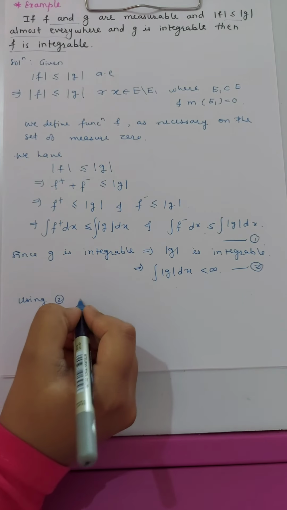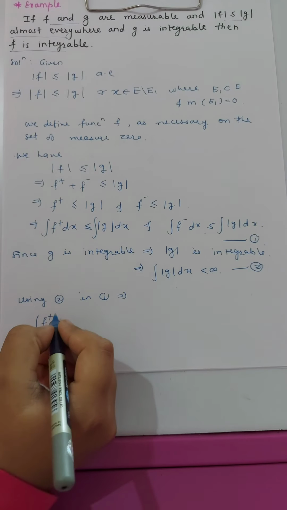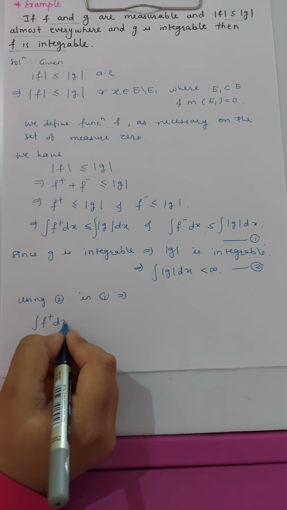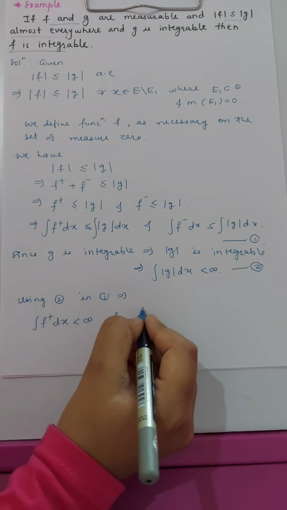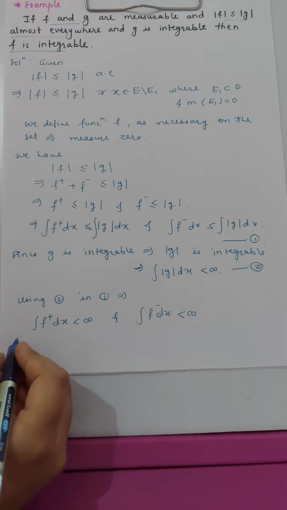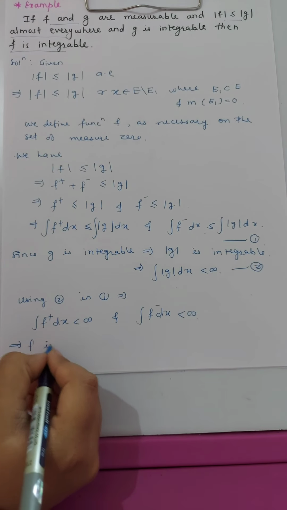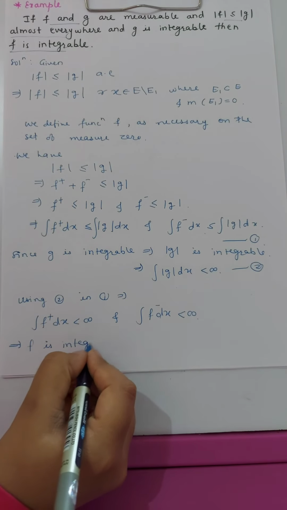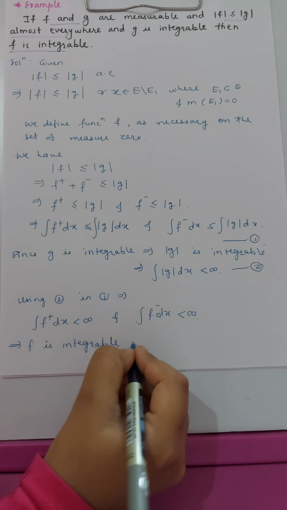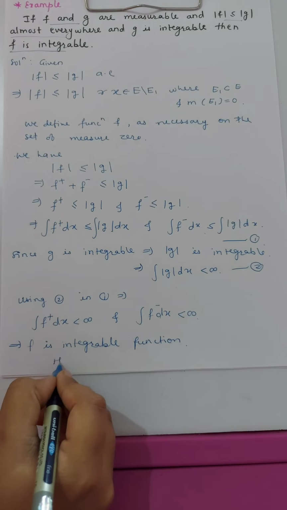So using 2 in 1, we get integration positive part of f dx less than infinity and integration negative part of f dx less than infinity. So thereby by definition of integrable, this implies that f is an integrable function. And hence proved.